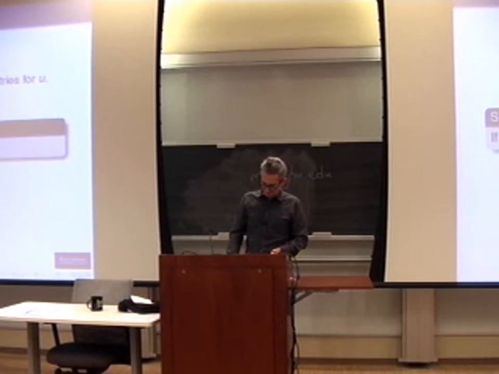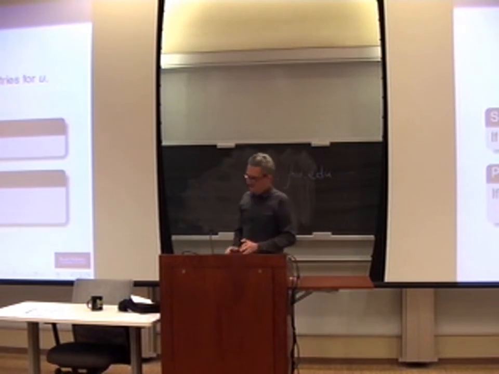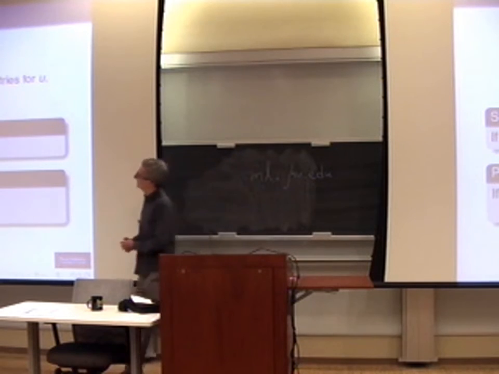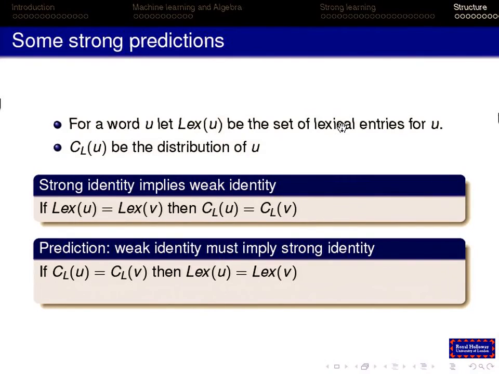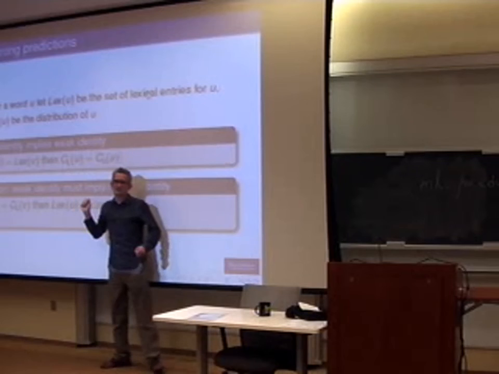Okay, so we can make some kind of linguistic predictions here. If we have a word u, we can think of the lexical entries for u as being lex of u, and we can consider CL of u to be the distribution, the set of strings. Clearly, if we have two words that have exactly the same lexical entries, then their distribution in the language is going to be identical.